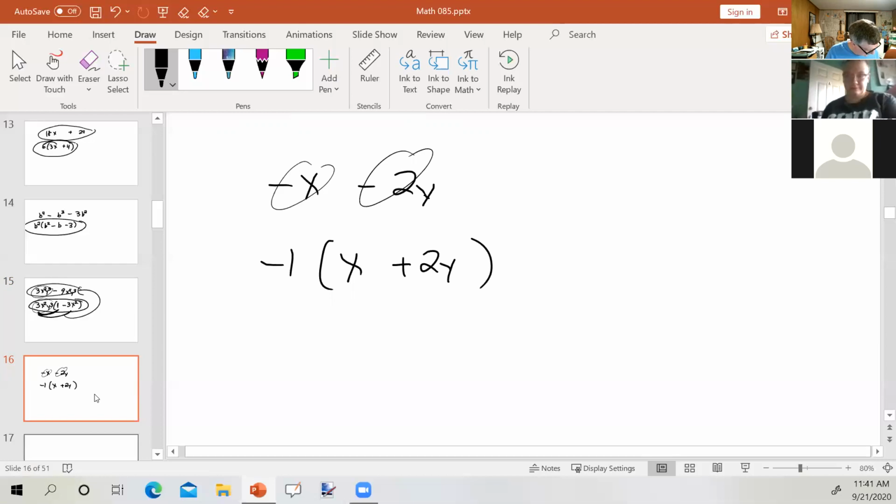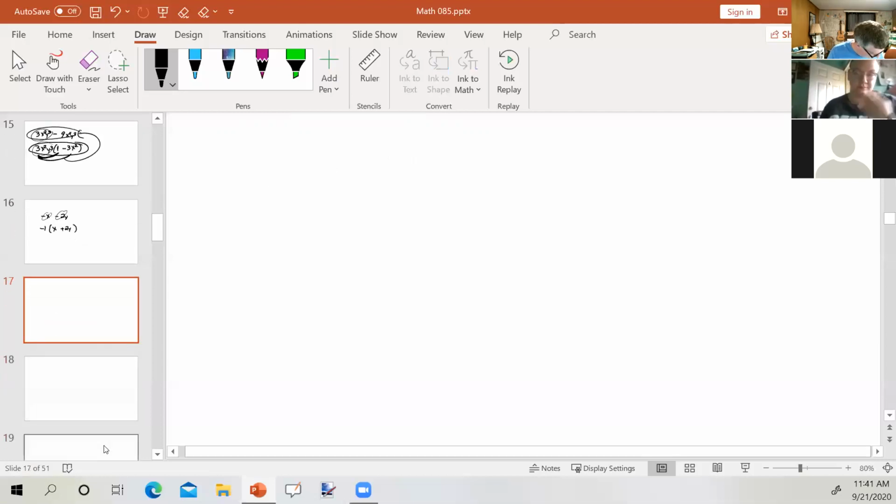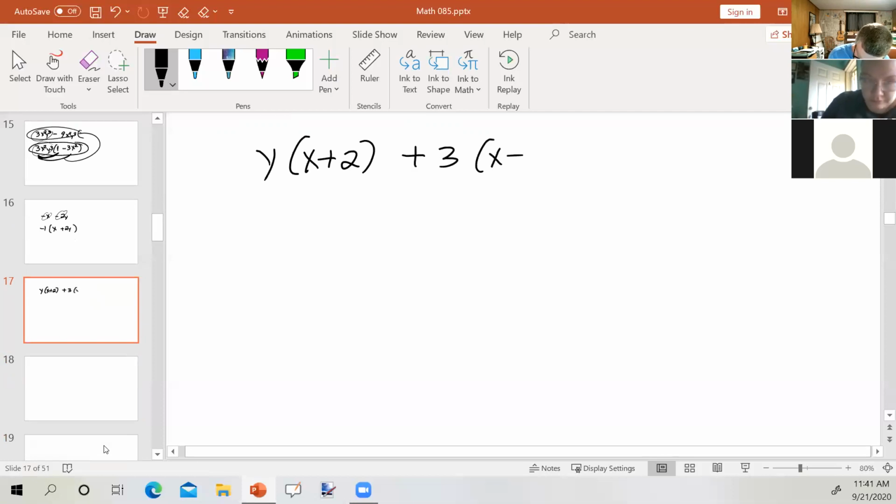All right, let's see here. Now, let's say we've got y times the quantity x plus 2 plus 3 times the quantity x plus 2. And the directions say factor. So what is the greatest common factor?